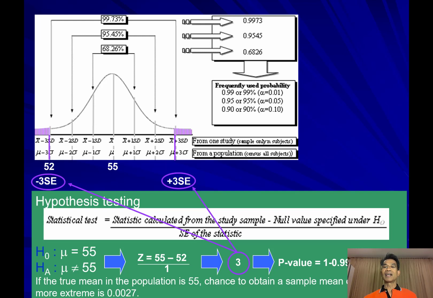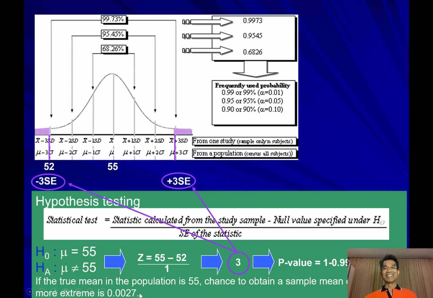There is a possibility, a chance to get that. The probability here is not about the chance to get that value, but the chance to get that value or more extreme than that. That means going into the other ends. So here is the direct interpretation of the p-value. Repeat the null hypothesis and then say the probability or the chance to attain the sample mean of 52 or more extreme is equal to this.